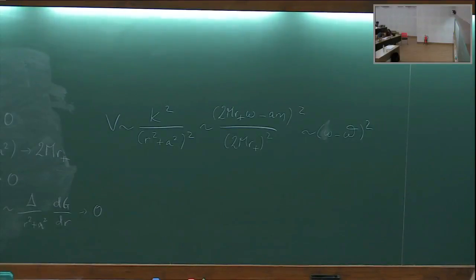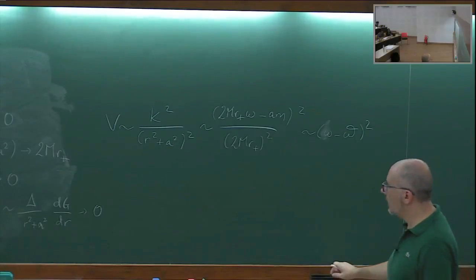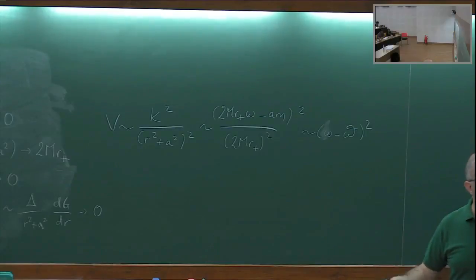Okay? It turns out that this is actually a very general thing. Again, I proved it for the scalar potential, but this asymptotic behavior is the same in the case of other perturbations of different spin.